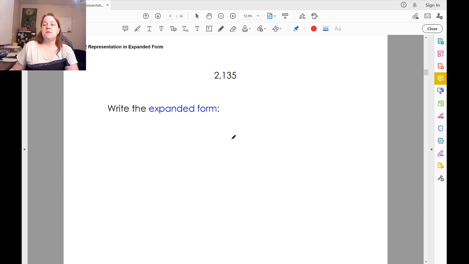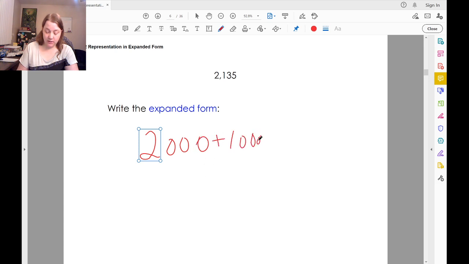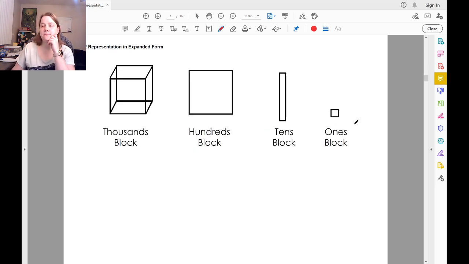They want you to write 2,135 in expanded form, which is 2,000 plus 100. Too many zeros in there. That's why I like to go up and down to make sure that I've got it correct. Plus 30 plus 5. So you can see that when we write in expanded form, the first thing that we're doing is we're breaking it apart into different multiples.